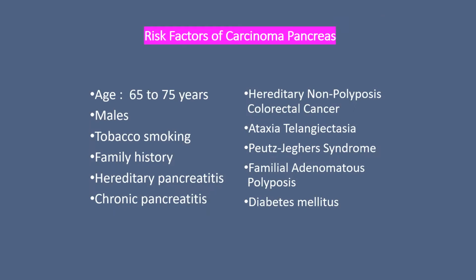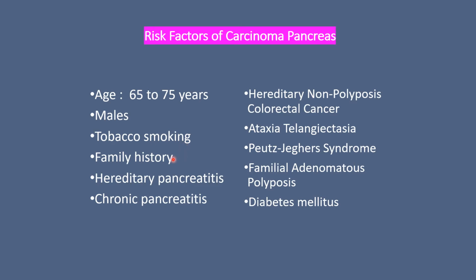Risk factors for carcinoma of the pancreas. Age is an important factor. Usually it occurs in advanced age, above 65 years of age. Males are more affected. Smoking is a very important predisposing or risk factor.